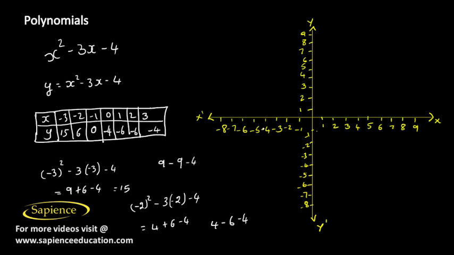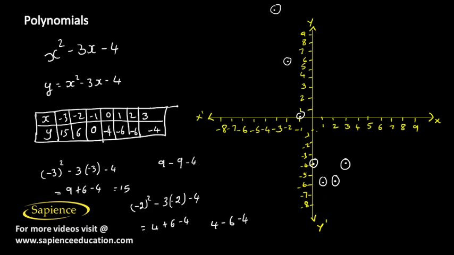So now we can plot this in the graph. Minus 3 and plus 15 will be way above, minus 2 and 6, minus 1 and y is 0, and we are having 0 and minus 4, 1 and minus 6, 2 and minus 6, 3 and minus 4.